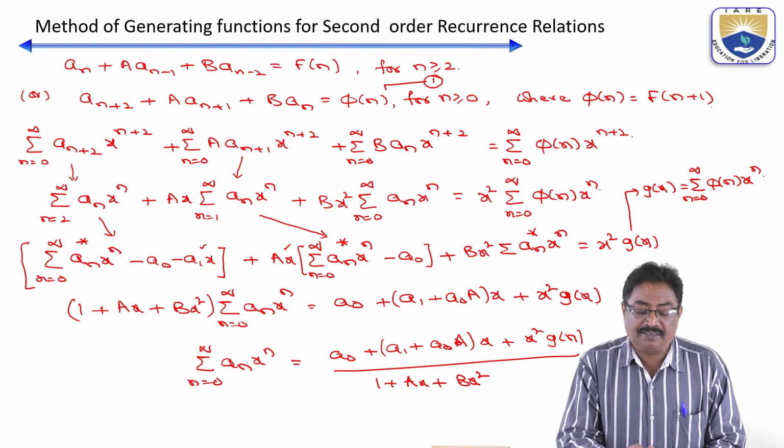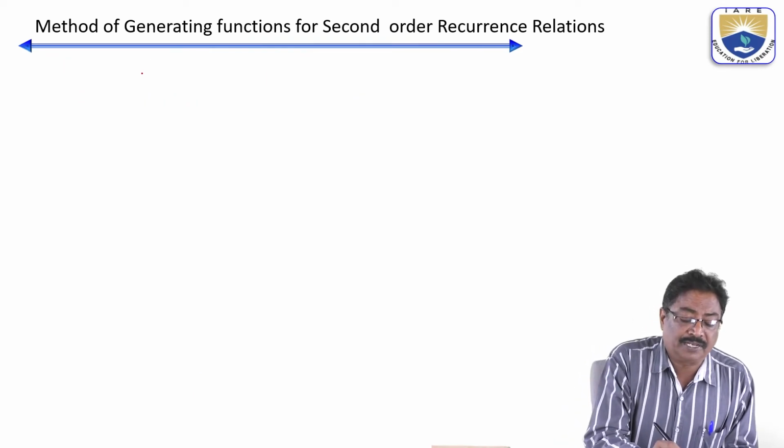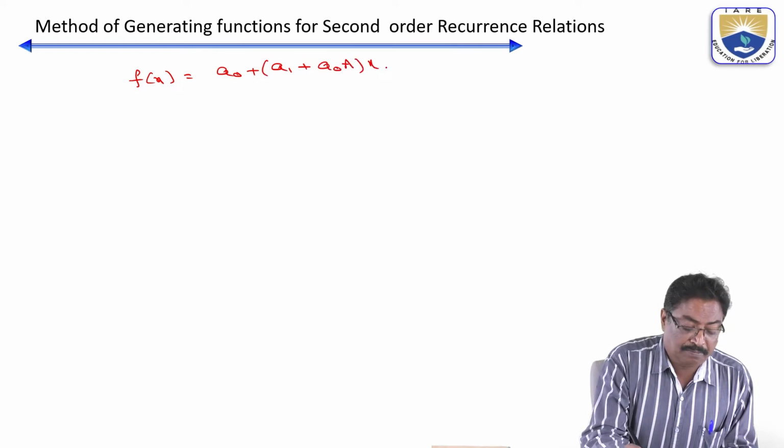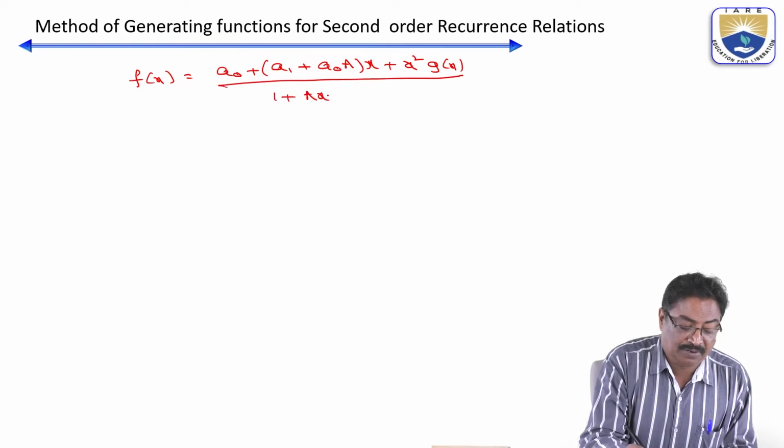Of course, I am going to consider this a generating function. Let that generating function be f of x, which is equal to a naught plus a1 plus a naught a into x plus x square g of x by 1 plus a x plus b x square.